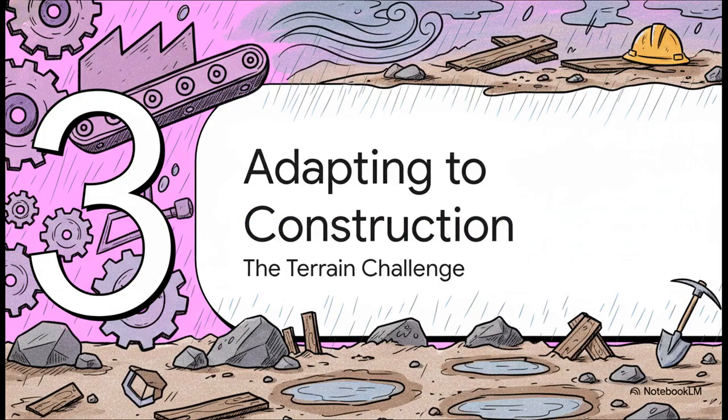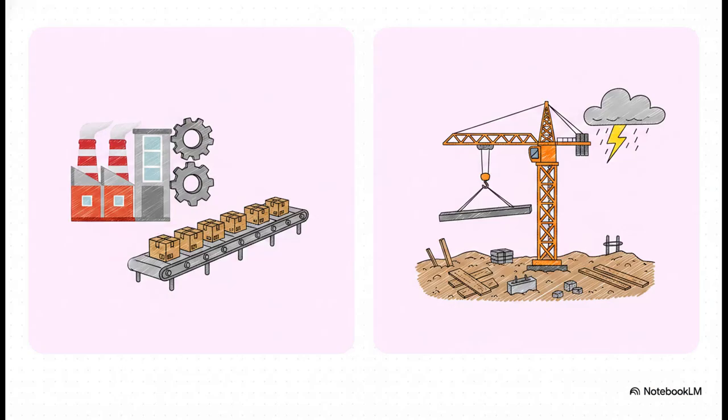Which brings us to Section 3, adapting to construction, and the unique challenges of this terrain. Now here's where the friction happens. Look at the stark contrast here. Traditional VSM was born on the factory floor. Manufacturing environments are highly repetitive, they're stable, the process flows are incredibly predictable, you know exactly what machine a part goes to next.